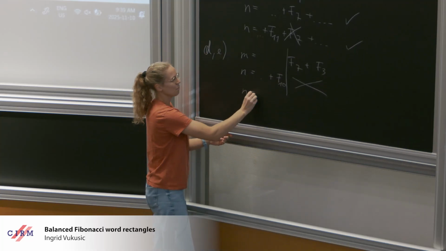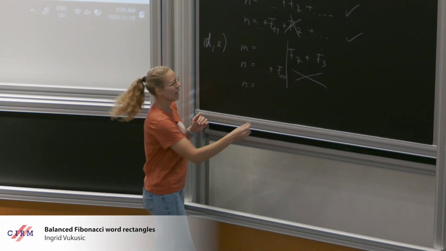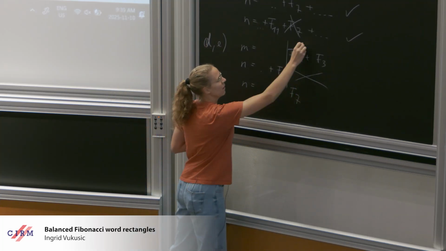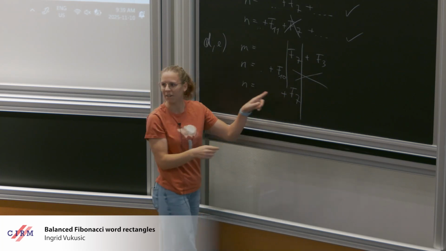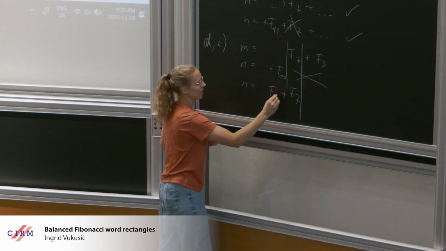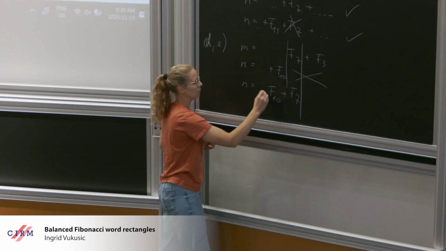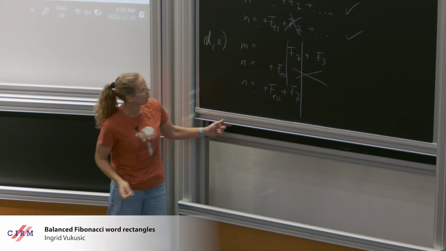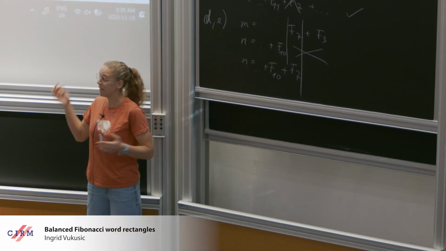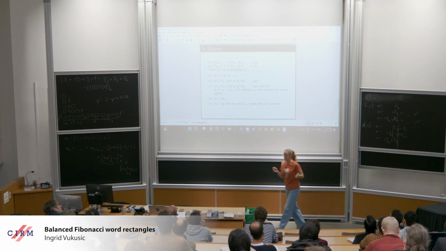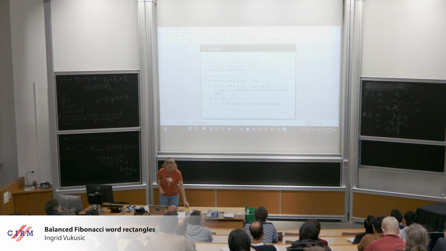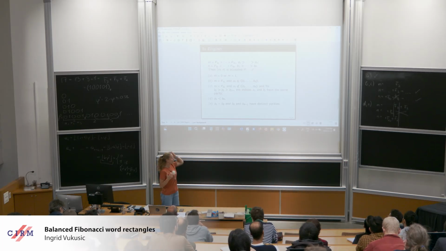And there is this edge case where you exactly have this overlap, and then again you have some parity restriction. So I think different parity, so f10 would be fine. Okay, so that's the full characterization, what the automaton tells you, and now we know which rectangles are balanced and which ones are not.